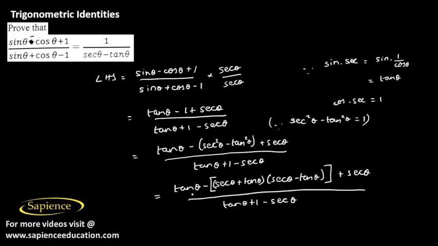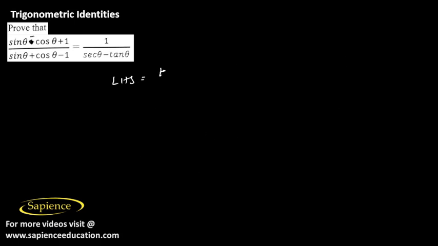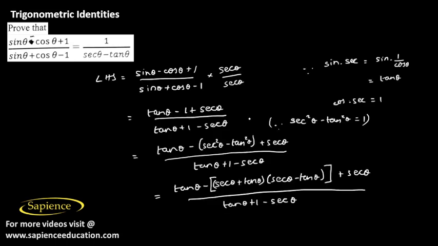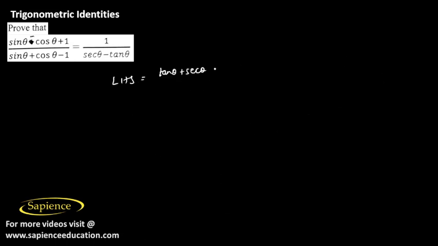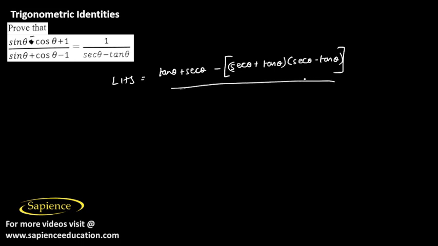So the left hand side is tan theta plus secant theta minus (secant theta plus tan theta) into (secant theta minus tan theta), and in the denominator we have tan plus 1 minus secant.